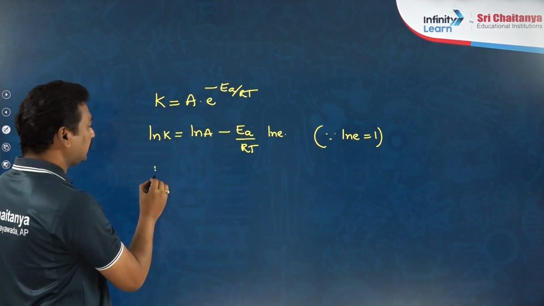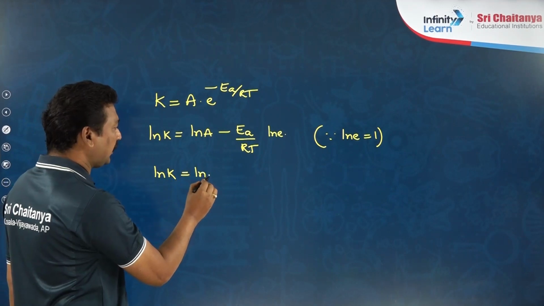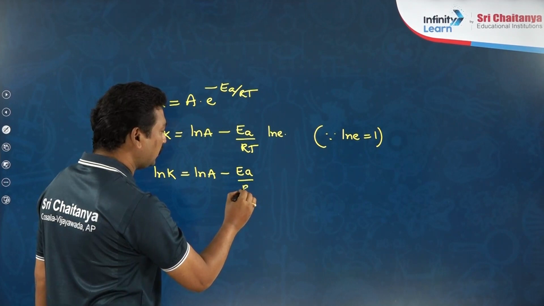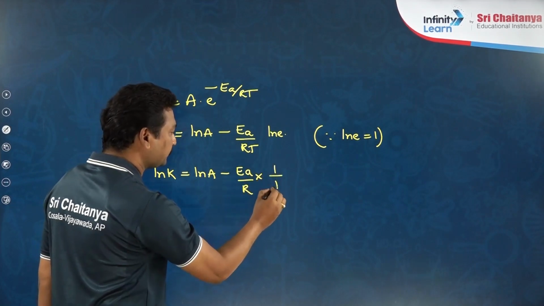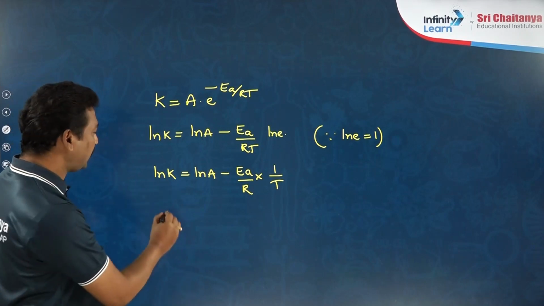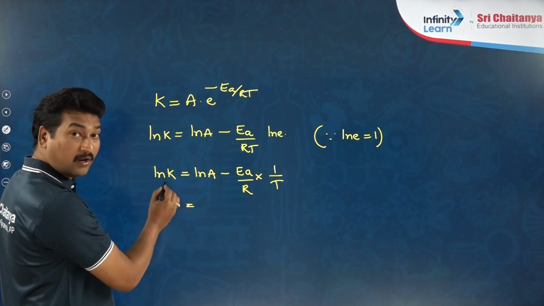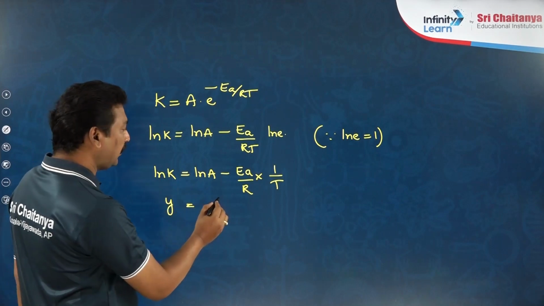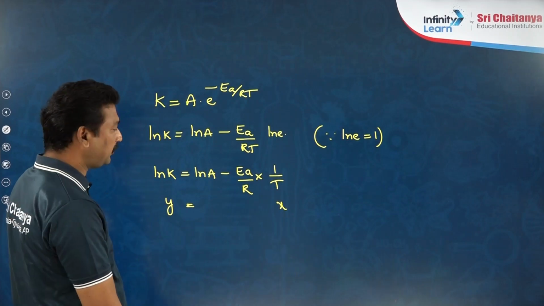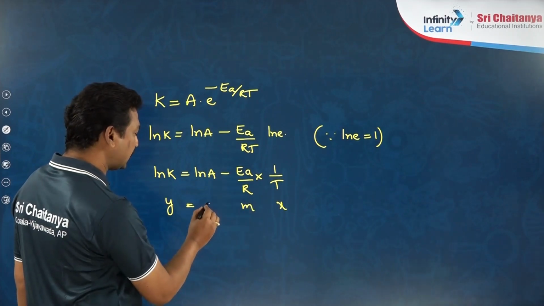So that can be ln K is equal to ln A minus EA by R into 1 by T. Comparing this equation with the straight line equation, y is equal to mx plus c, this is the y variable, ln K, and this is the x variable, 1 by T, and this will be m, and this is the c.